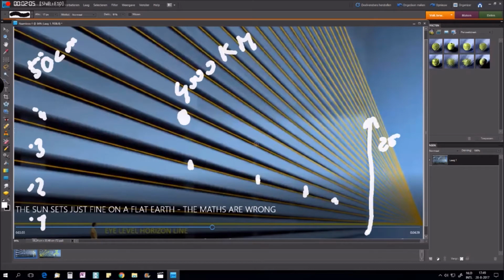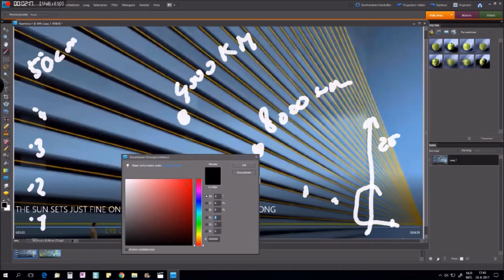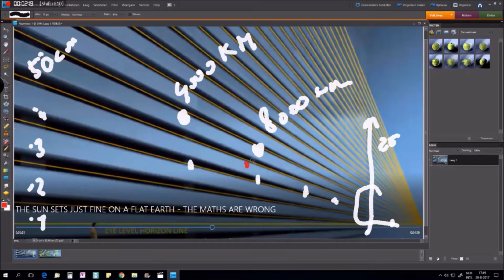And by the time it sets, it is there, 8,000 kilometers away. It doesn't get there, you know. That is wrong. The best you get is a sun about 8,000 kilometers away when it sets.